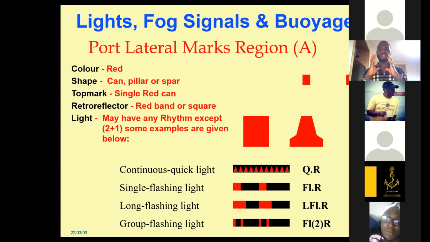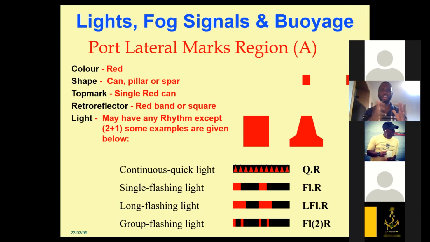I would really like to stop here today, and I would like us to go back and really try to analyze this. Next week we'll continue from this one, entering into region B, then navigate around it.